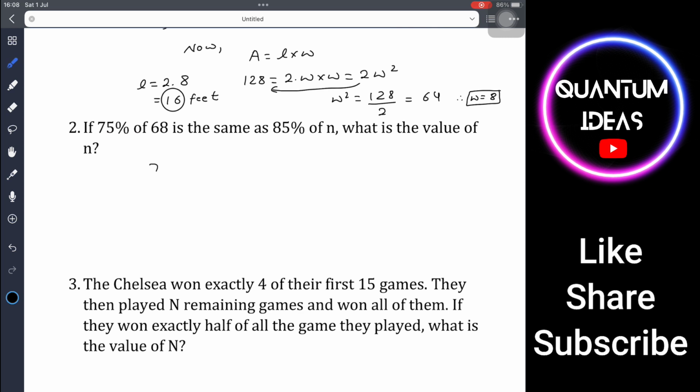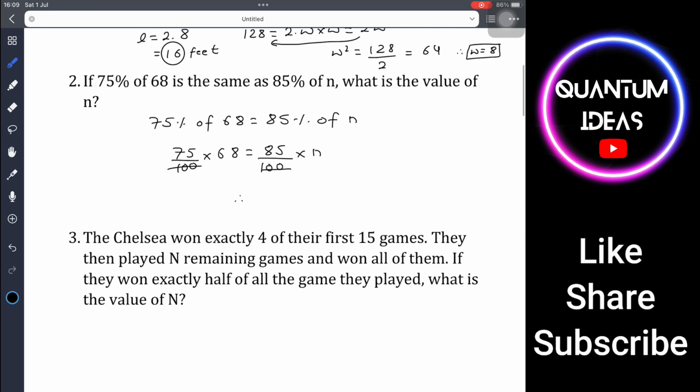That is 75% of 68 is equal to 85% of n. 75% means 75 over 100 times 68 is equal to 85 over 100 times n. 100 will be gone, 100 will be gone, therefore n will be 75 times 68. If 85 goes to that side, that will divide, over 85, and you can use a calculator anytime. So if you solve this, you will get the answer as 60.